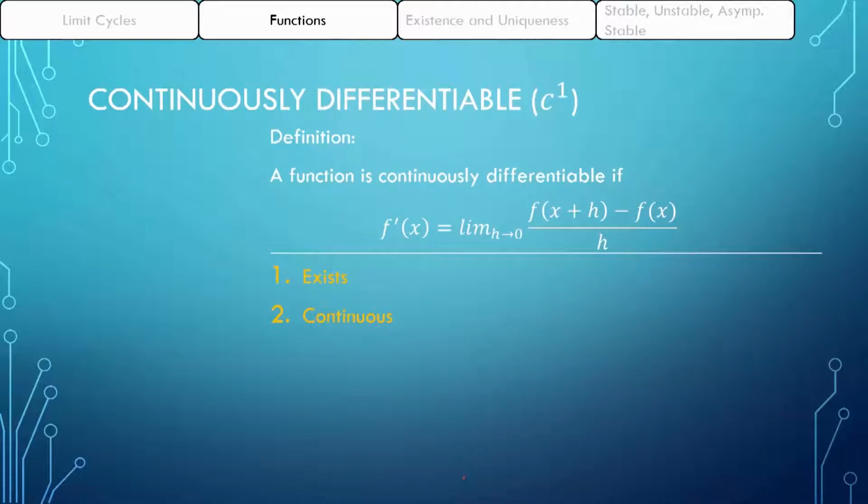Then we step one more step forward. Continuously differentiable. What is continuously differentiable? You know continuous. You know differentiable. Then continuously differentiable combines the two. You first differentiate the function and check if f prime is continuous everywhere. So let's step back.